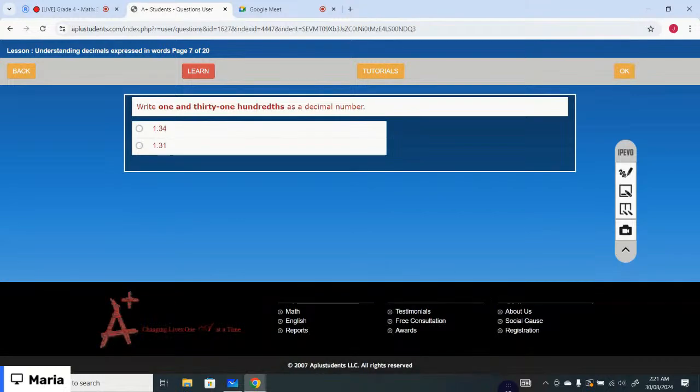Write 1 and 31 hundredth as a decimal number. Which is the correct option?